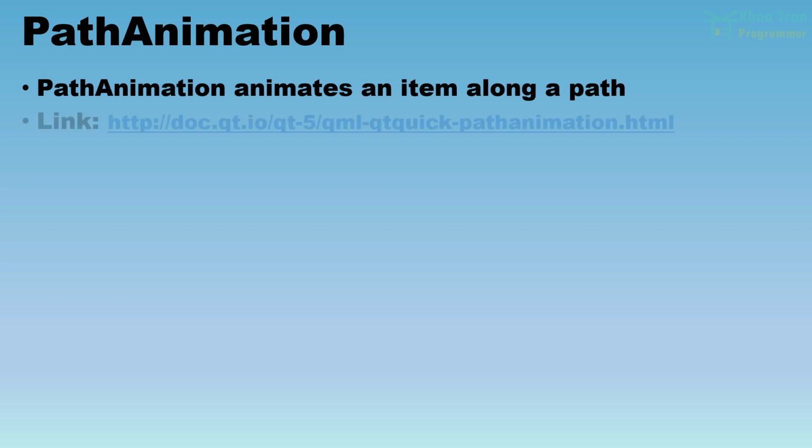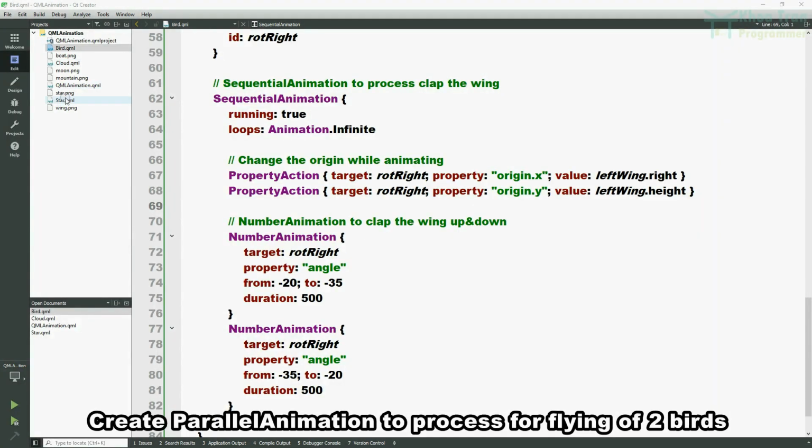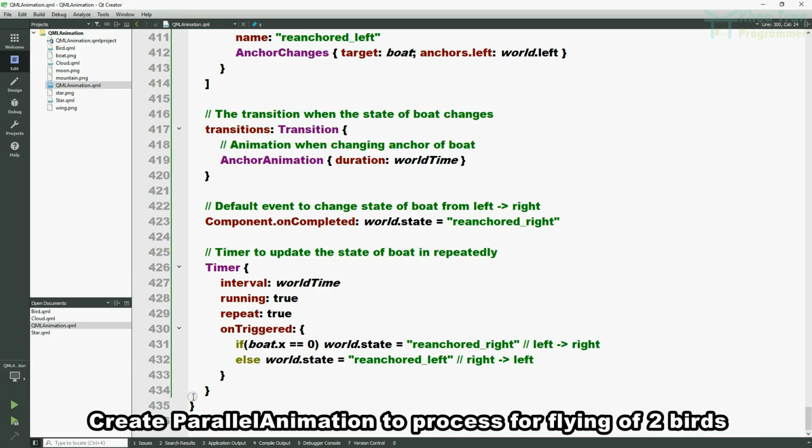PathAnimation. PathAnimation animates an item along a path. We apply PathAnimation to decide the flying direction for bird. Create ParallelAnimation to process the flying of two birds.